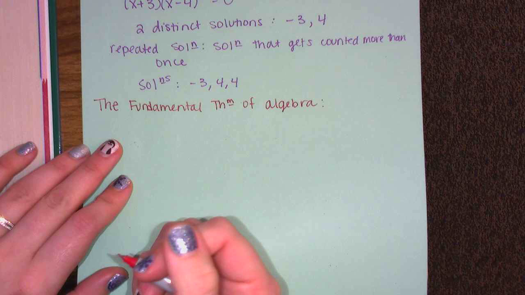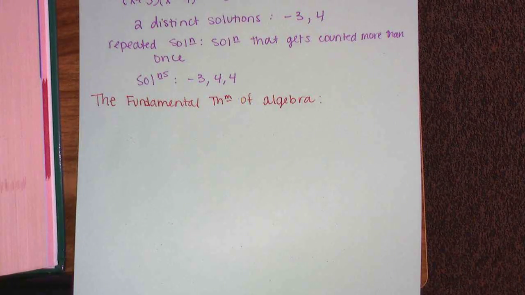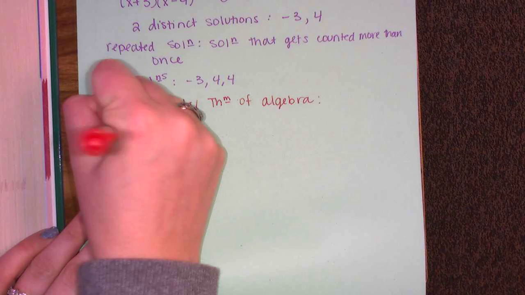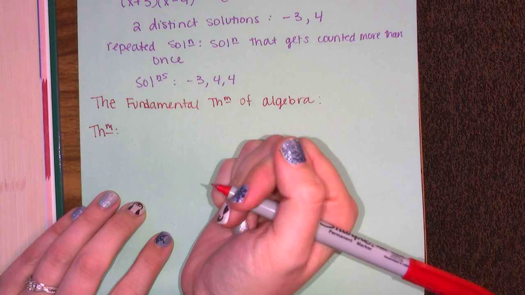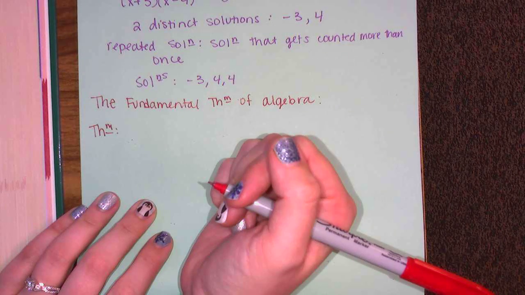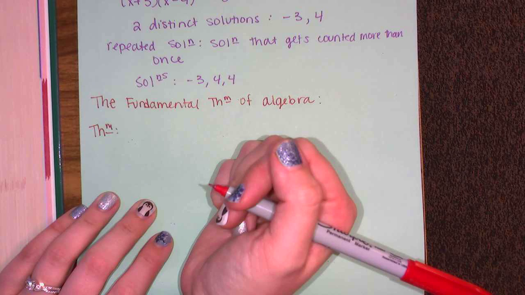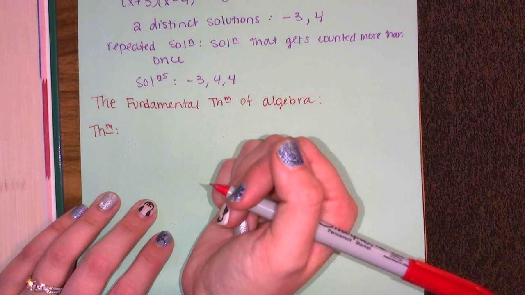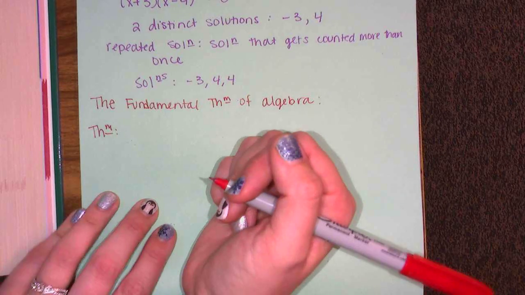All right, so the fundamental theorem of algebra, there's a theorem and a corollary, so we're going to write the theorem first. It's like part of the theorem that's in addition to it, I guess, is a simple way to explain what it is. It'll make more sense once you see the two things written out.